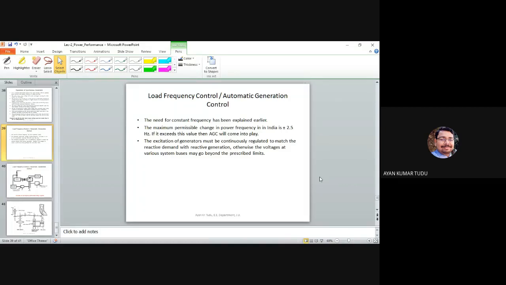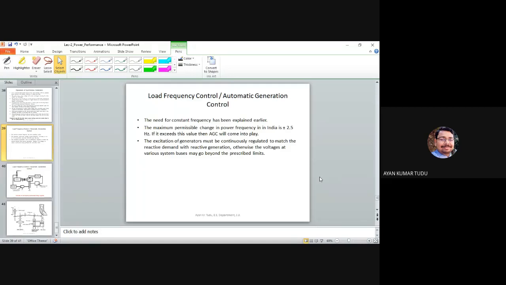And we have studied in the previous class why the frequency needs to be kept constant. So what is the maximum permissible change in power frequency? It is actually written wrong. It is not plus minus 2.5 hertz.